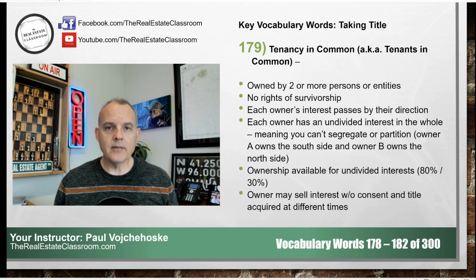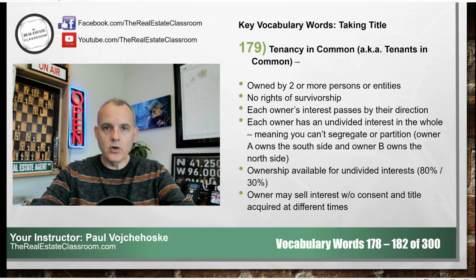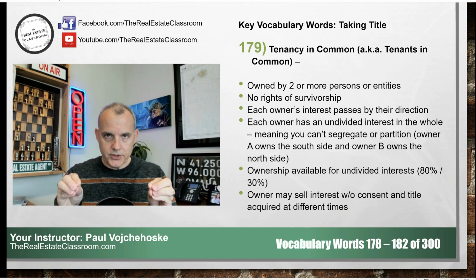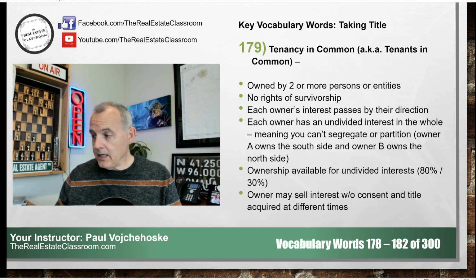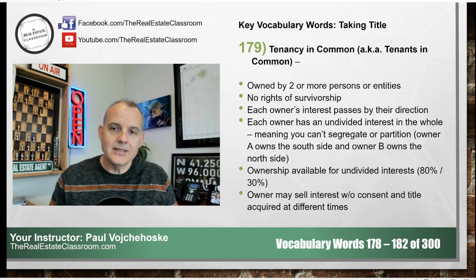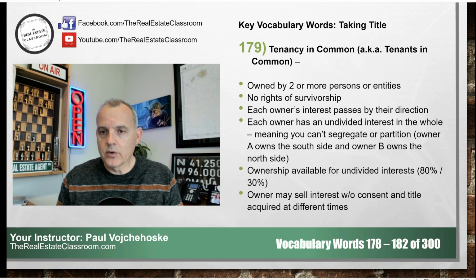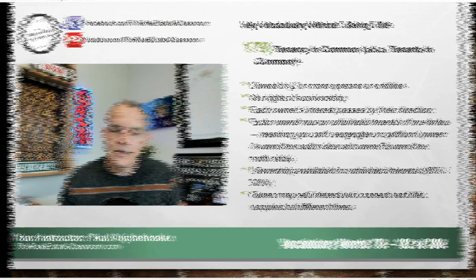So let's say, for example, that me and my business partner are purchasing your property. So we're going to take your ownership and then hold title between me and my business partner as tenants in common. That means two or more parties. Another thing is there is no right of survivorship, and I'm going to talk about that in the next slide.